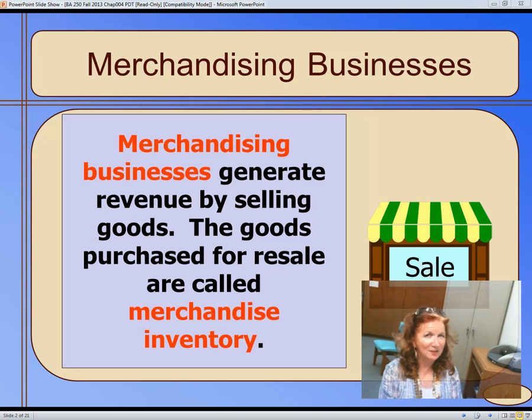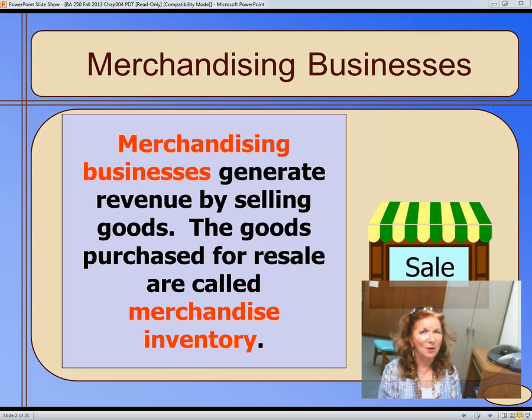Now, where you will still see the periodic inventory used is on the tax return. Inventory is the one area where the law does not require you to use the same method on your financial statements as on your tax return. All the rest of them have to be the same, but inventory does not have to be the same.